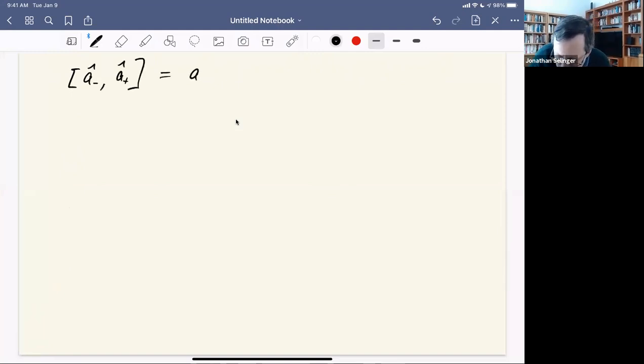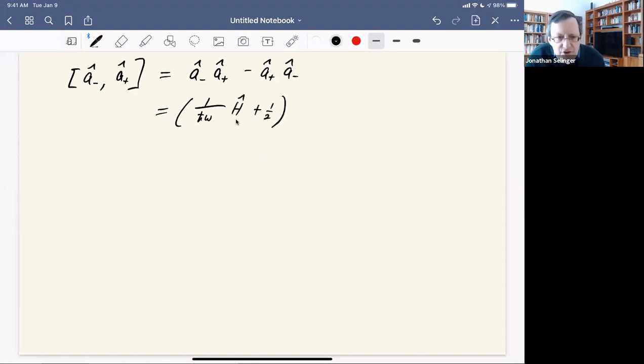That means a minus a plus minus a plus a minus. So that is 1 over h bar omega Hamiltonian plus a half, minus 1 over h bar omega Hamiltonian minus a half.